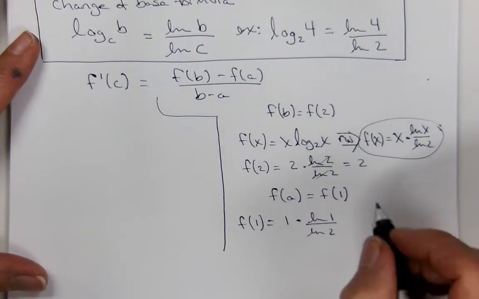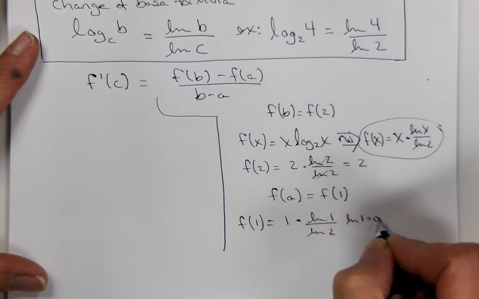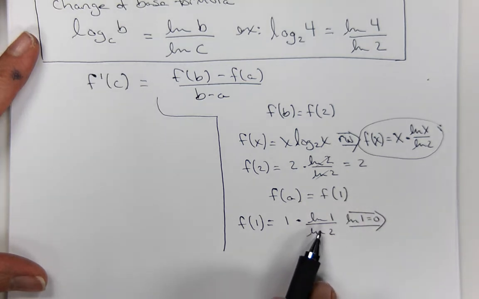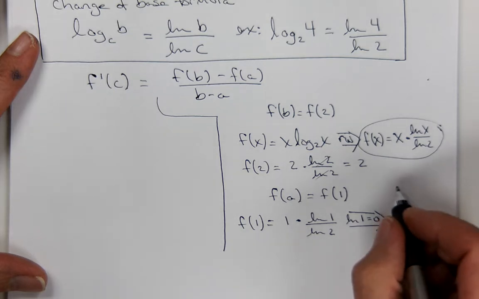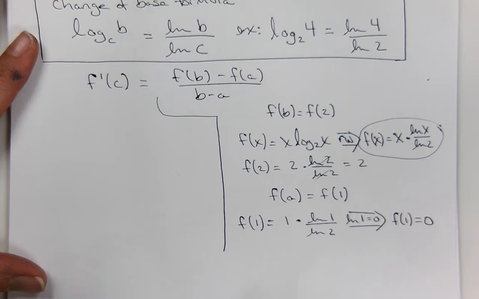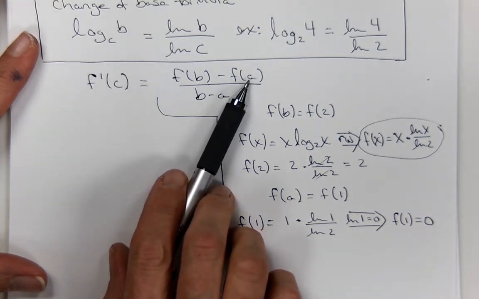But just so you know, in case you don't already, natural log 1 has a value of 0. So that makes the fraction become 0, so the whole thing becomes 0. And therefore, our f of 1 is equal to 0. And that's going to go right here in the formula.